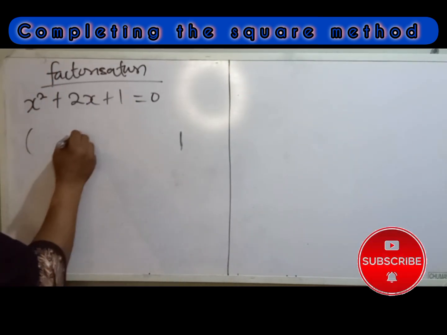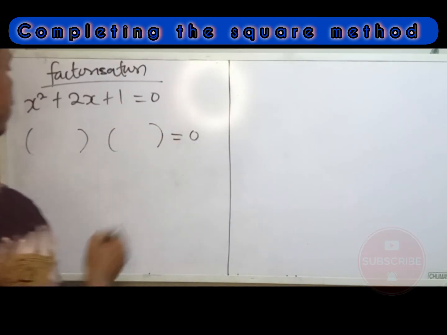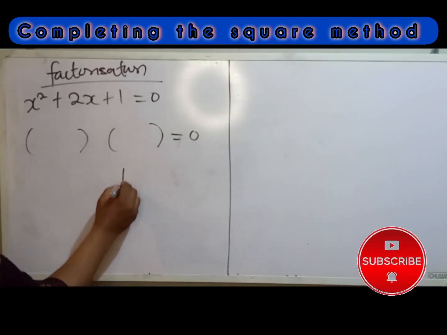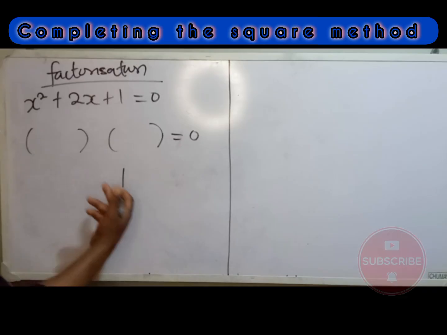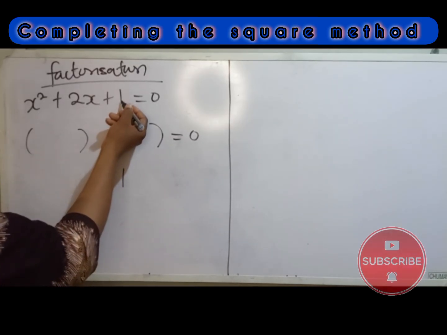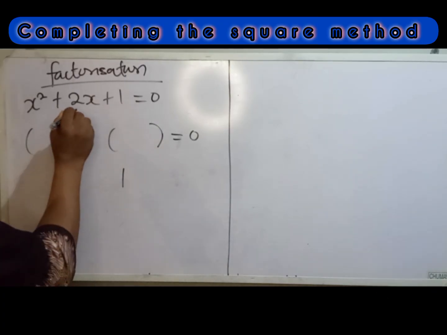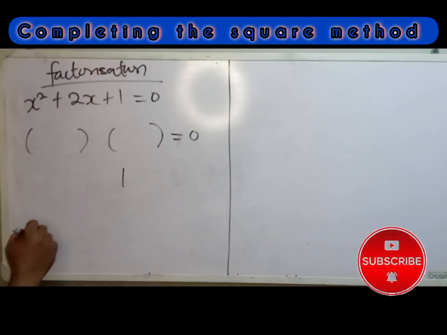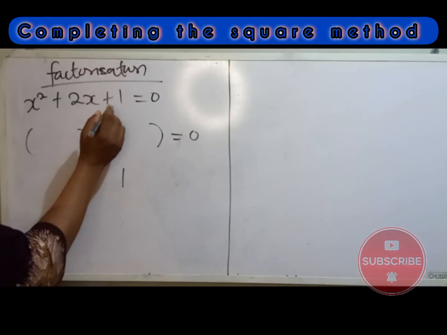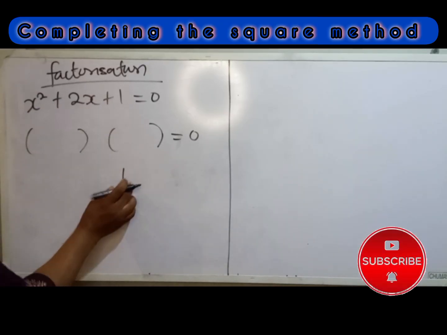So in order to factorize our quadratic equation, we need to look for factors that can be multiplied to give us positive 1, and that can also be added together to give us plus 2. Here 1 is the product of the coefficient of x squared and the constant 1. So this is what we have.